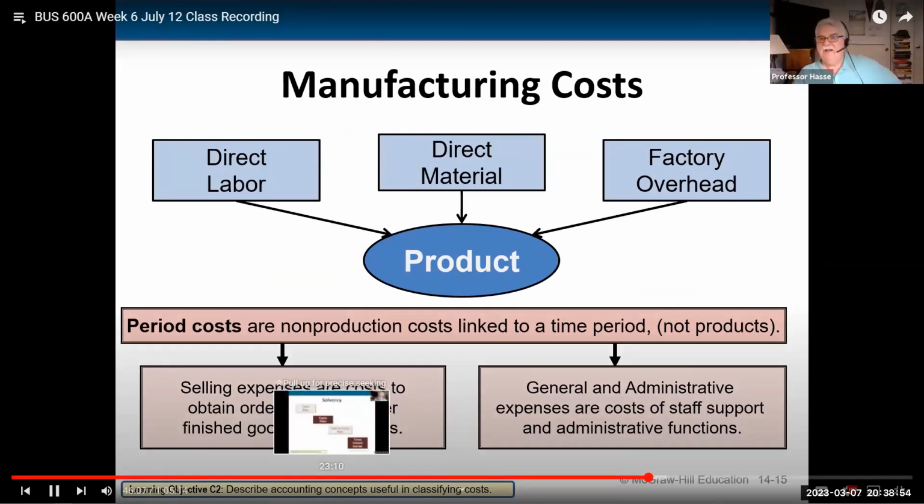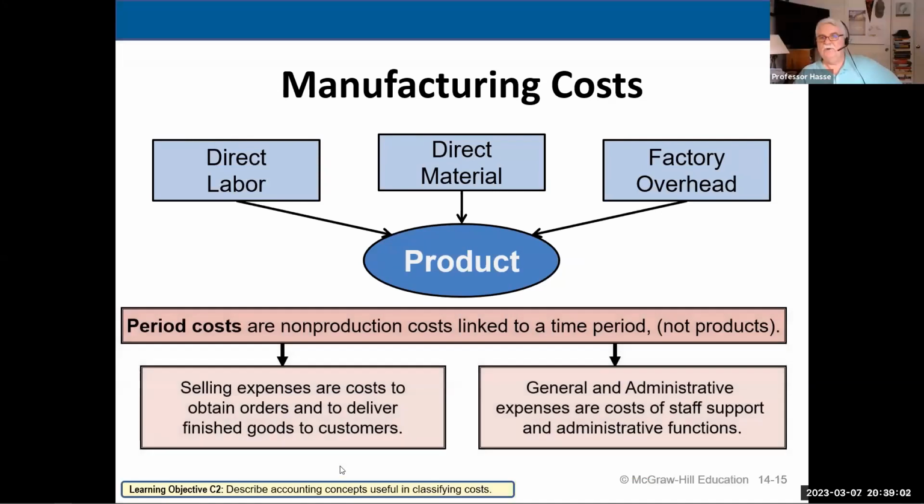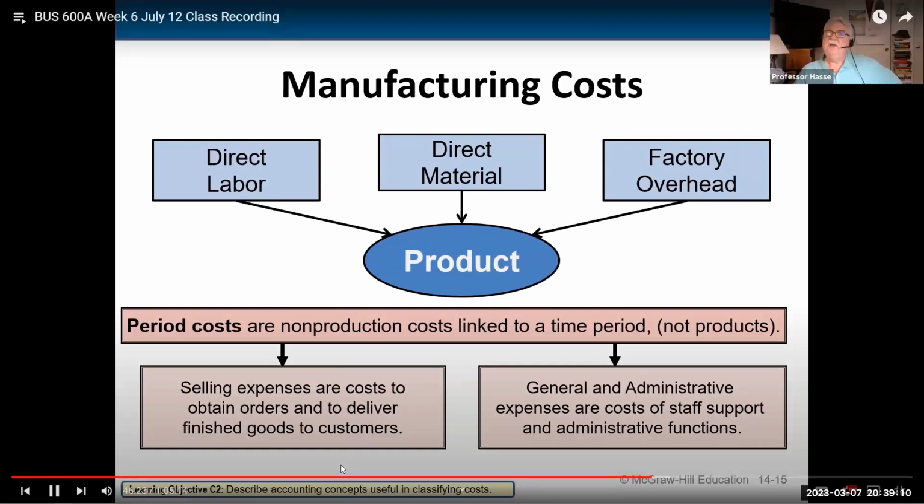Are you in HR, IT, marketing, sales? Then you're a period cost. If you're in labor on the assembly line, a purchasing agent, a factory supervisor, an accountant that keeps track of all the expenses of the factory, you're a product cost.